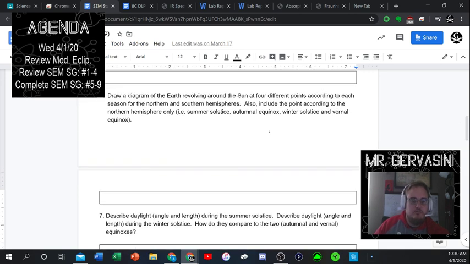Downey has a question on number 6. Include the point according to the northern hemisphere only. So I want you to include the Earth at 4 different points around the sun. At each of those points, for the northern hemisphere, tell me, is it the summer solstice, autumnal equinox, winter solstice, vernal equinox?